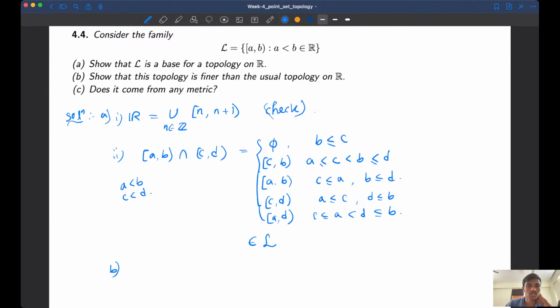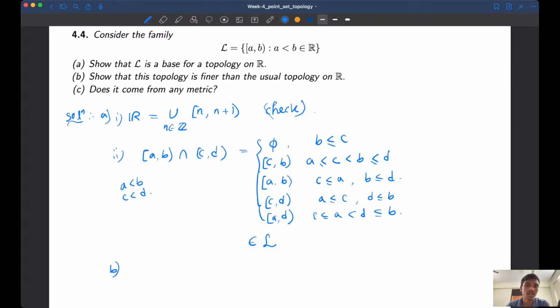So how do you show that this is actually finer than the usual topology? What will you prove to claim that? Any basis element of the usual topology can be written as a union of this kind of sets. Yeah, exactly.